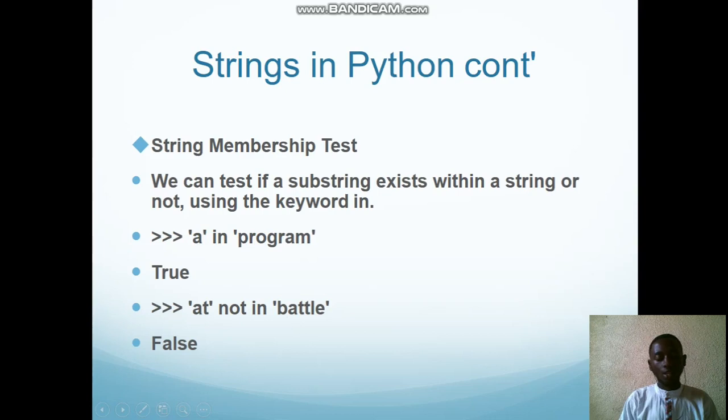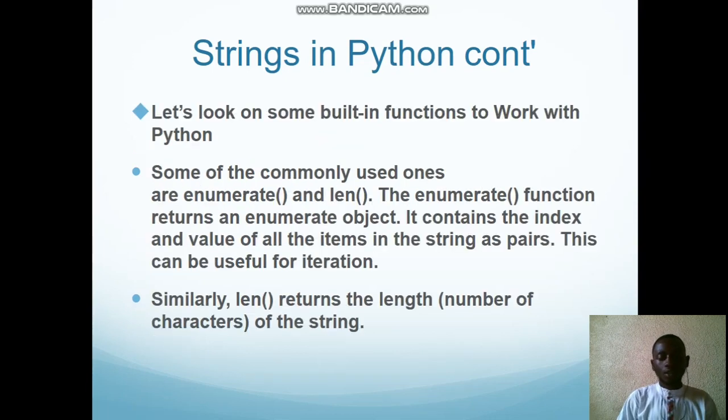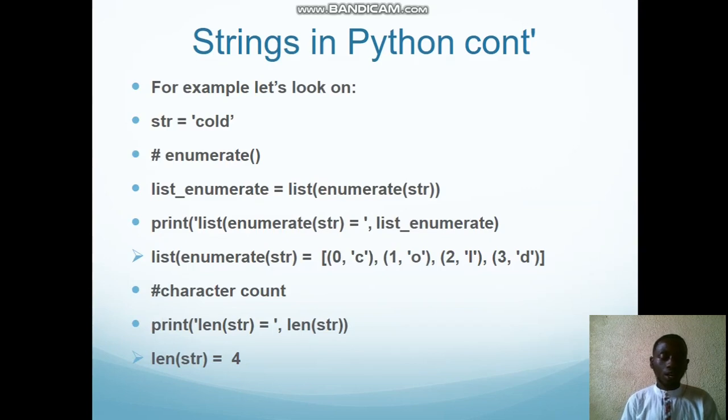After learning these interesting keywords, let's look at some built-in functions like len, this one, which means the length of your string, and also the enumerate function, which shows the position of each substring in the string. Here we can take an example of the string quote.